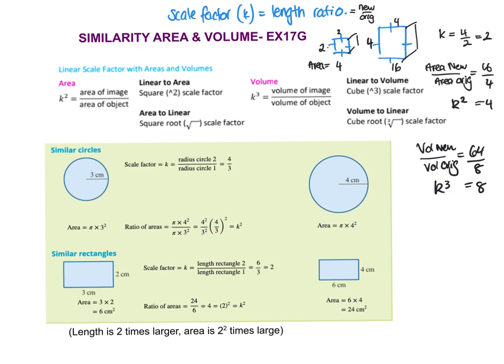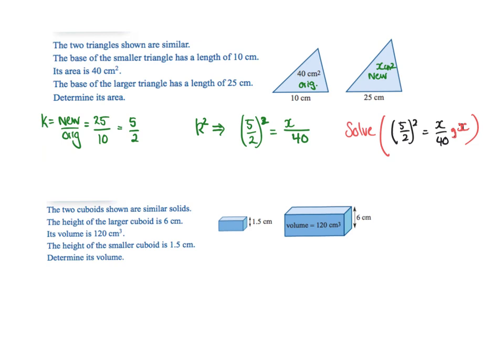So best to just go and do some questions. Let's have a look here. We've got these 2 triangles and they're similar, so they tell you they're similar, and they give you the base of the smaller triangle is 10 and it has an area of 40 centimeters squared, and the base of the larger triangle is 25.